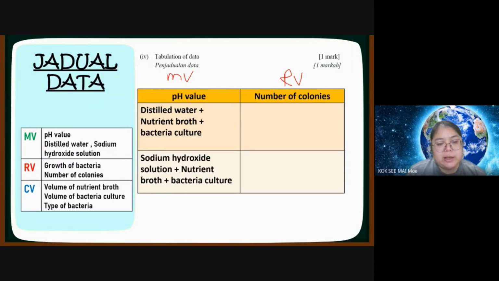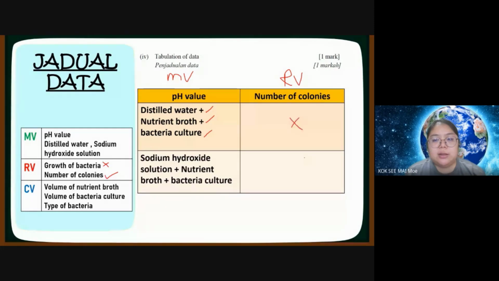Remember, we never use growth of bacteria in the experiment, because we cannot see the growth of bacteria. In the front you can still use it, but during the experiment we totally change to number of colonies. If you use number of colonies from starting until ending, that's correct. For the pH value of the distilled water, nutrient broth, and bacteria culture, actually you no need to fill it.